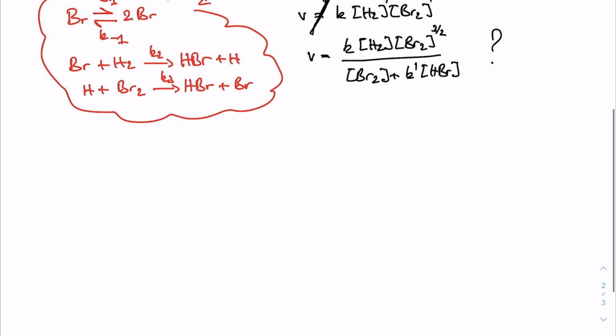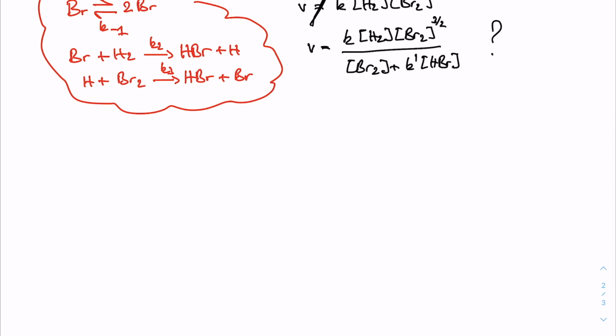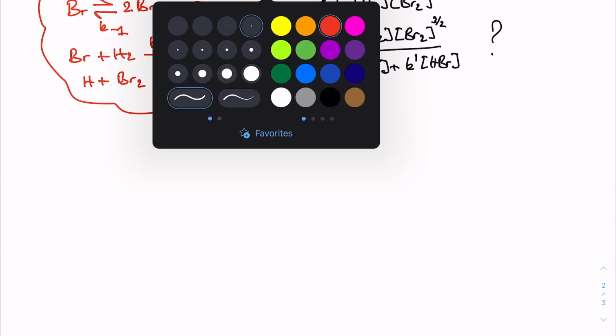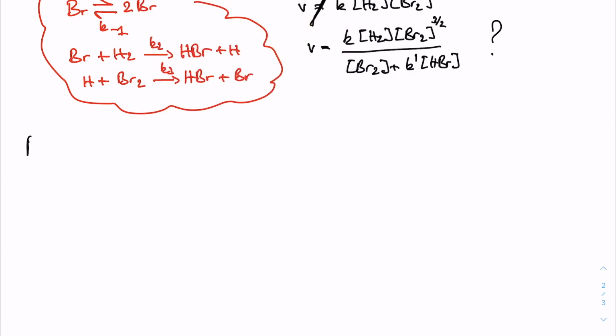Okay, so reaction order, to emphasize it again, is not to be confused with the stoichiometry. So let's go again to the simple case. A plus A gives B, right?